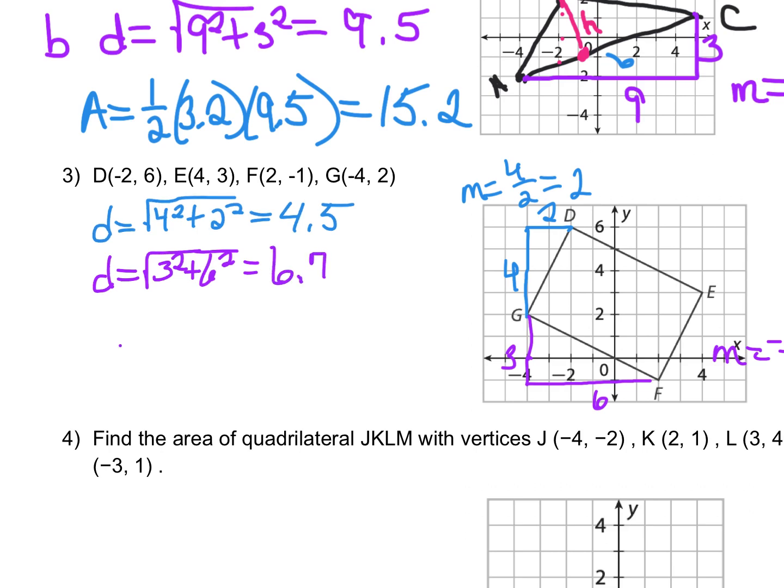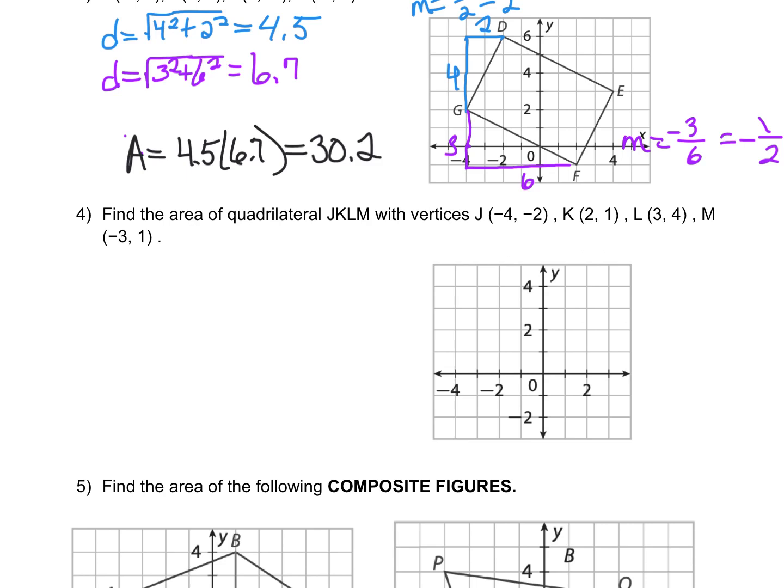And the area formula for a rectangle is base times height, so 4.5 times 6.7. 30.2 is the area of that figure.